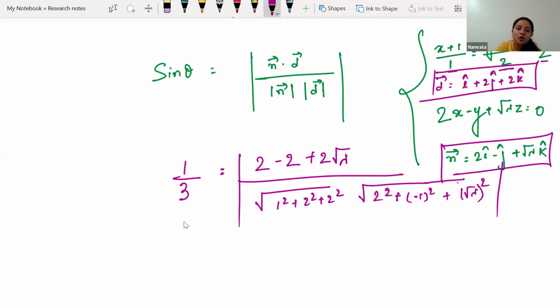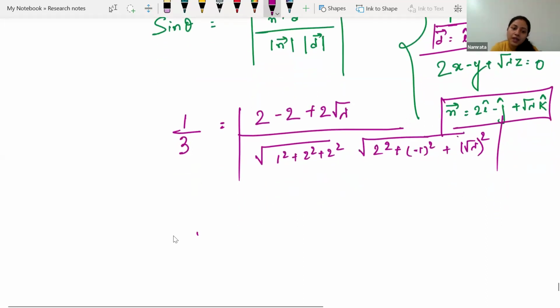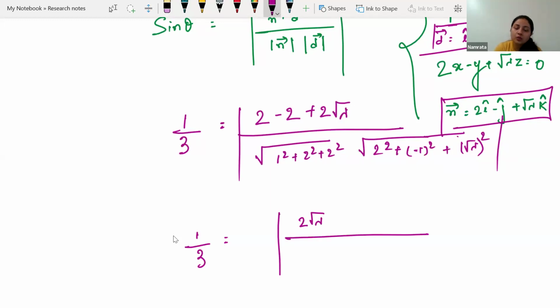Okay, let's solve it. So we will have 1 by 3 equals 2 root lambda in the numerator, and the denominator is 4 plus 1 plus lambda, under root.